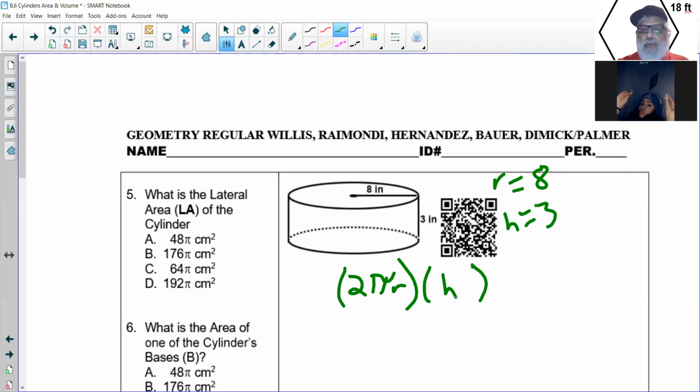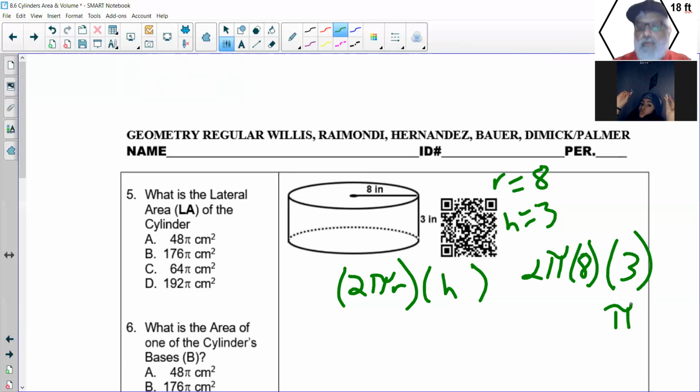So I'm going to have 2 pi 8 times 3. Pi is part of the answer. So you got to do the other rest.